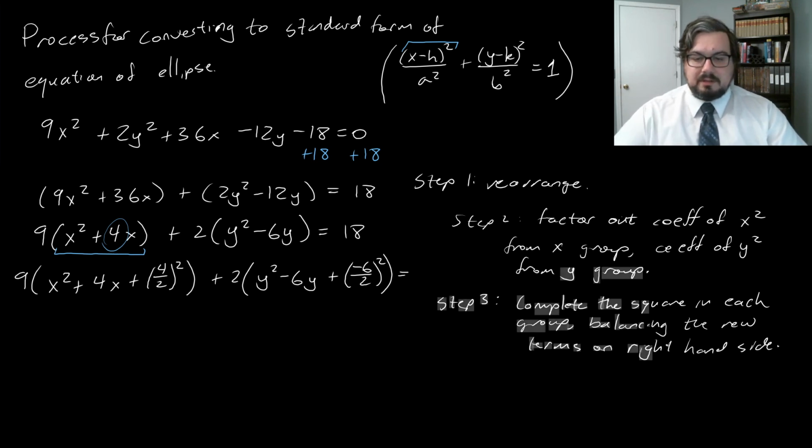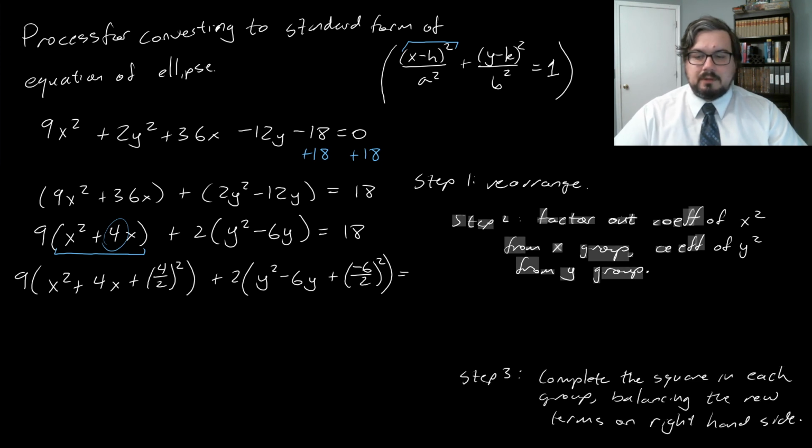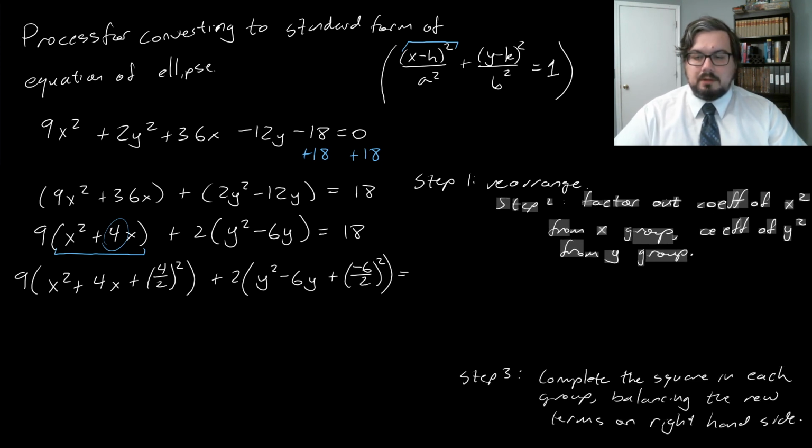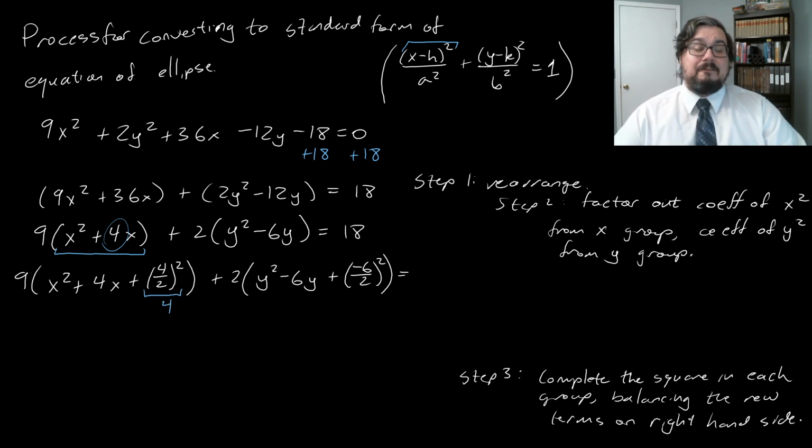Now let me move these, because we're going to need a little more space. So what that means is that we're going to wind up adding 4 divided by 2 is 2, squaring that is 4. We're going to be adding 4 to this x term over on the left, and we're going to be adding 9 to this y term on the left-hand side of the equation.